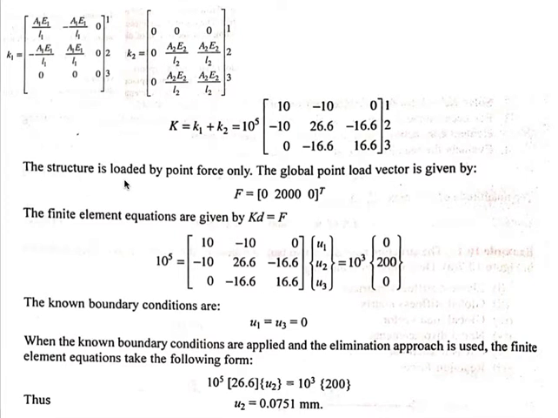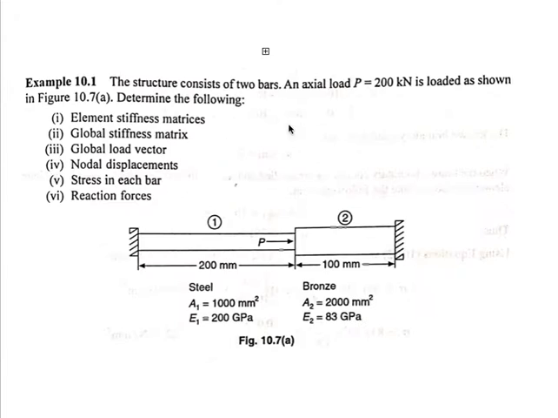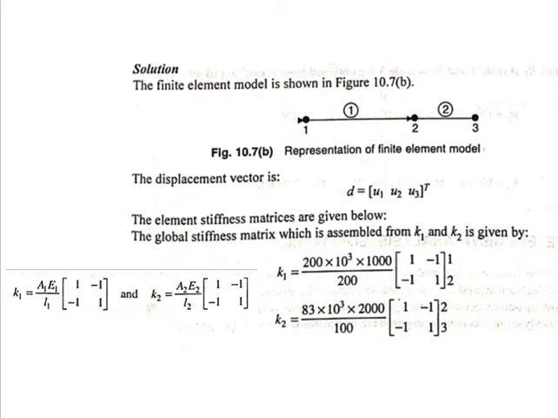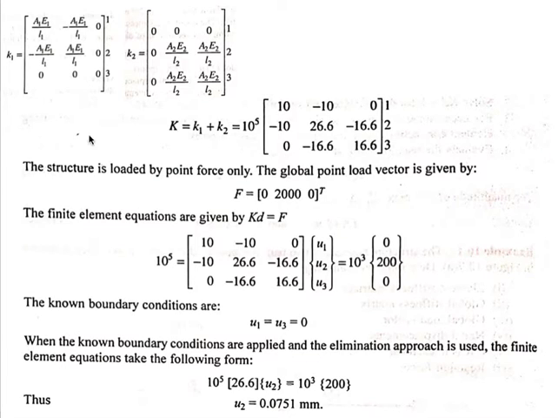Now the structure is loaded by a point force only. The global point load vector is given by F, where you can see the force P is acting at nodal point 2. So the vector is 0, 2000, 0 for node 1, node 2, and node 3.